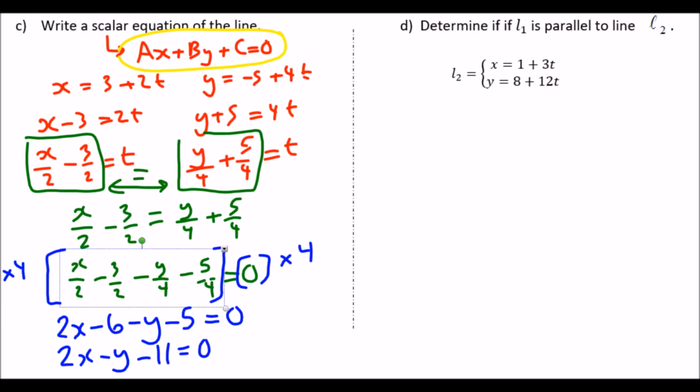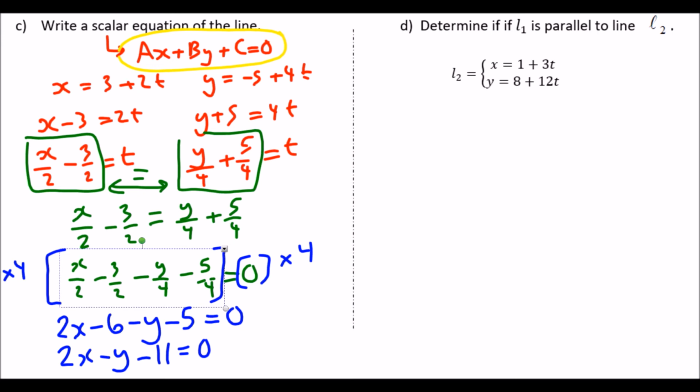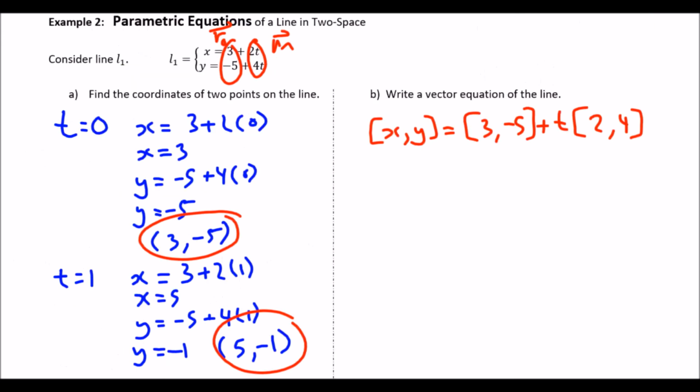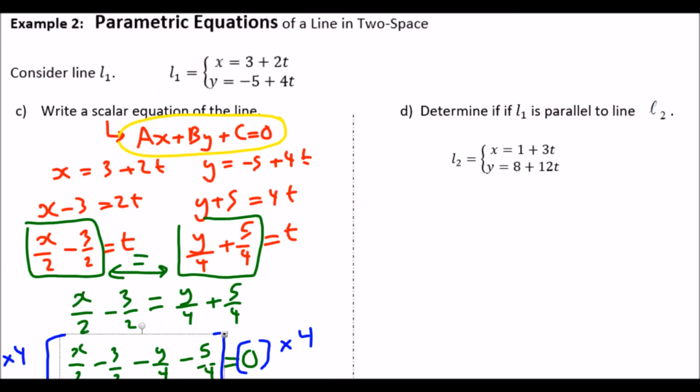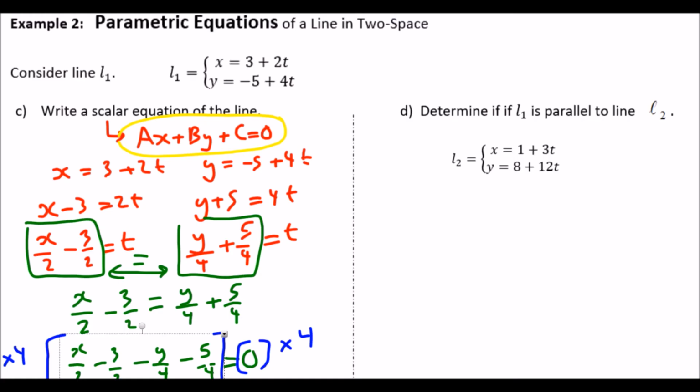So the next one says, determine if L1 and L2 are parallel. Let me just go back to L1. L1 is this one here. For L1, I want to compare the direction vectors.